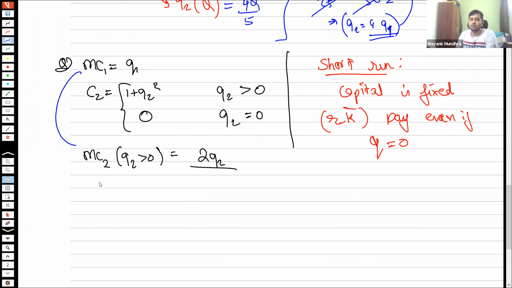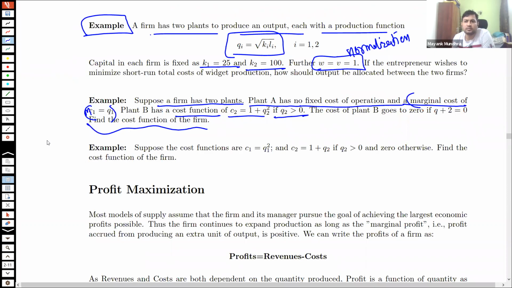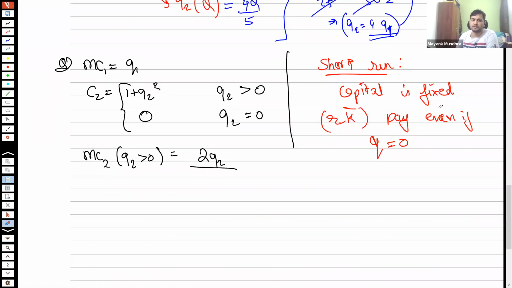So when I equate these two things, I get Q1 equals to... okay, sorry, I made a mistake. This word marginal should not have been there. This is the cost of operation and a cost function of C1 equals Q1 square, so MC1 becomes equal to 2Q1.